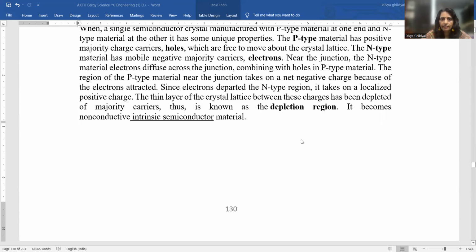After that, they will start accumulating at the point of combination where the P and N has been combined. The thin layer of the crystal lattice between these charges has been depleted of majority carriers, known as the depletion region.